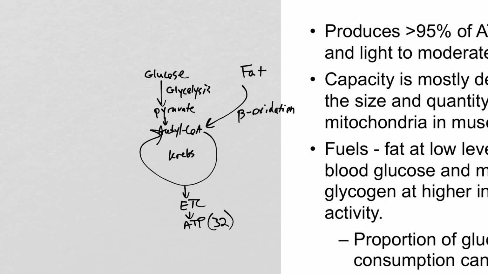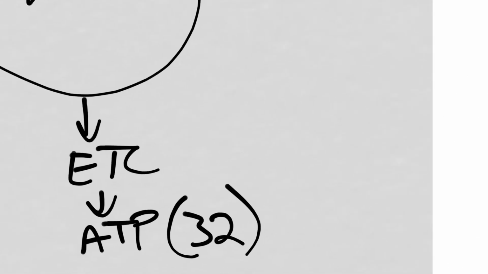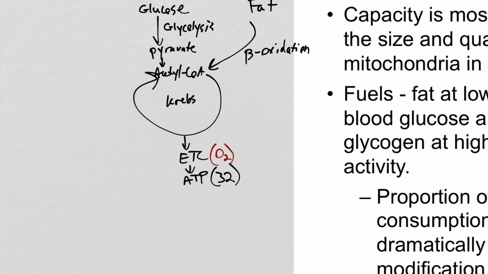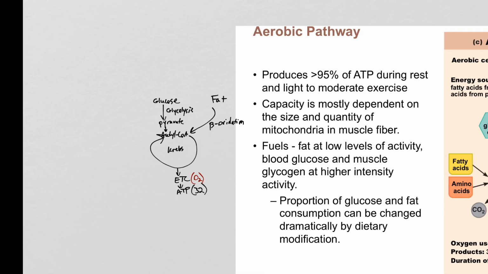There's plenty of adipose tissue to go around to fuel muscle contractions when the muscle is either at rest or contracting very lightly. But blood glucose is also a possibility, as long as there's oxygen present, because remember that the electron transport chain needs to use O2 to finish the job and actually produce ATP at the end. As long as there's oxygen there, you'll keep doing this as much as possible.